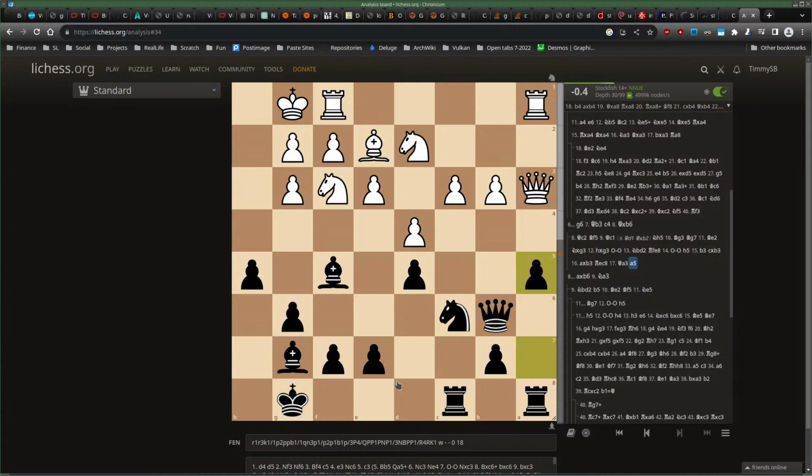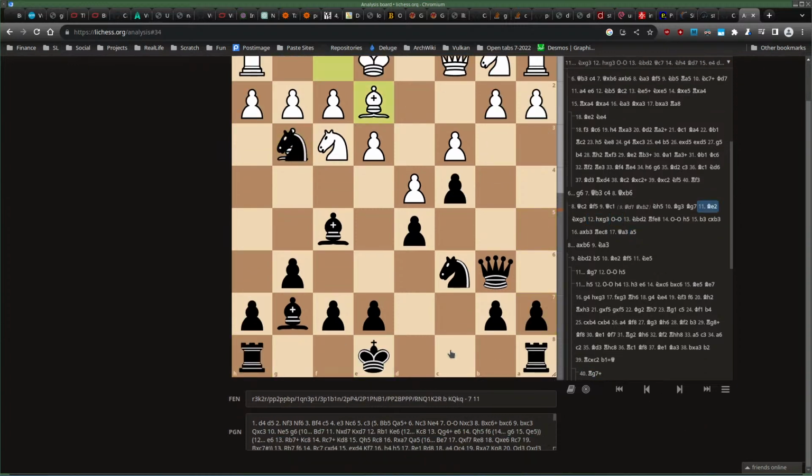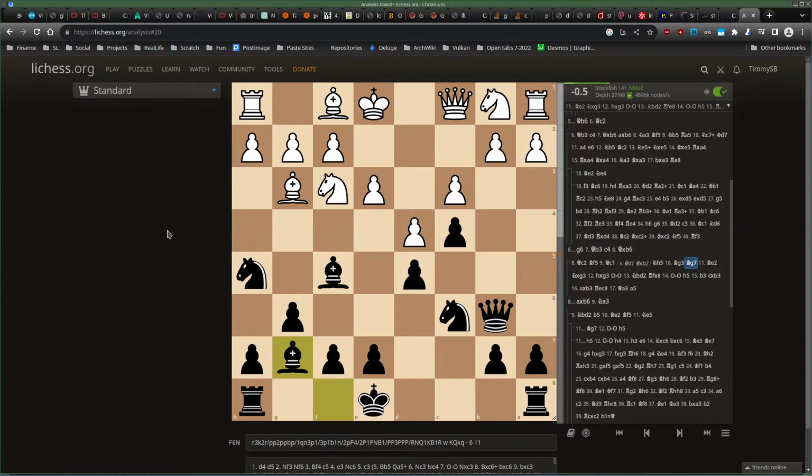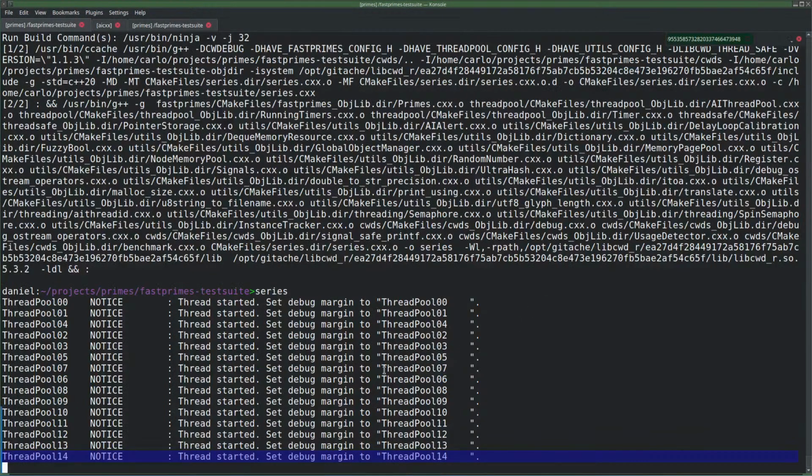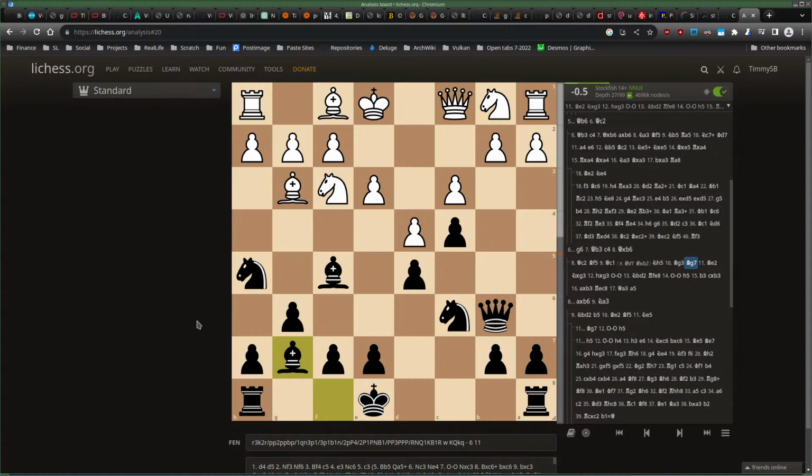Why? And still it's going. I would almost think that it is just hanging.